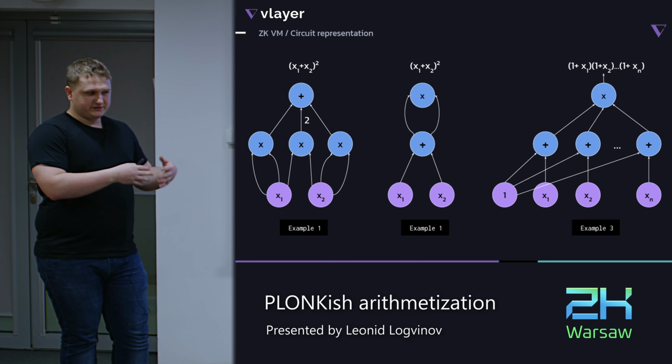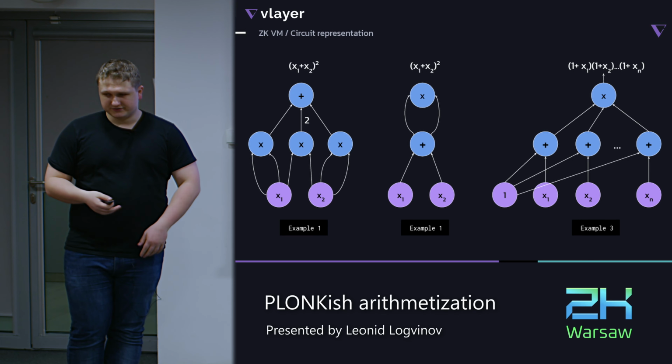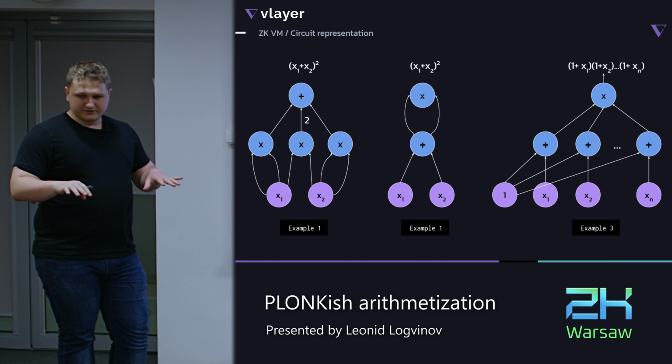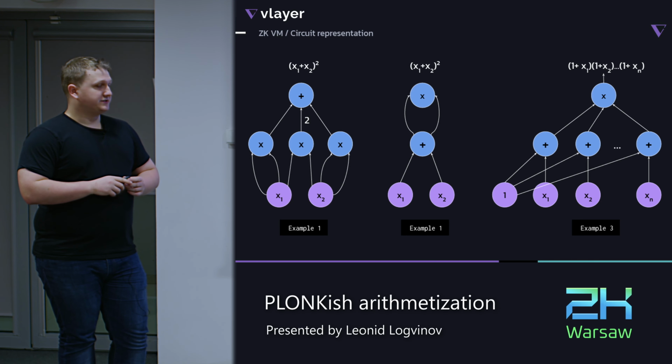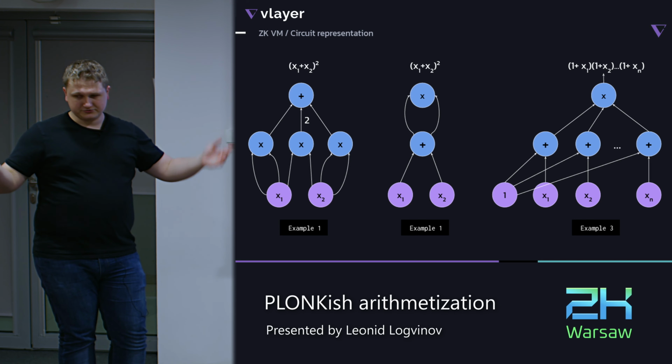Some things that are easy for us in code are very hard in polynomials, like bit operations, because we have different arithmetics here and there, and because of that, sometimes we have an incomparable complexity. We take something that looks easy, transform it to polynomials, and it's a huge polynomial.